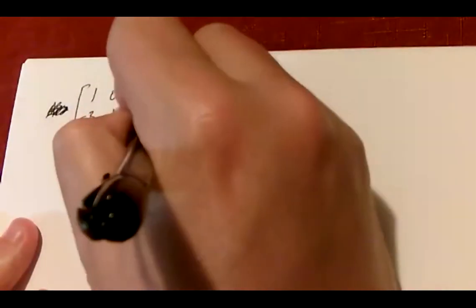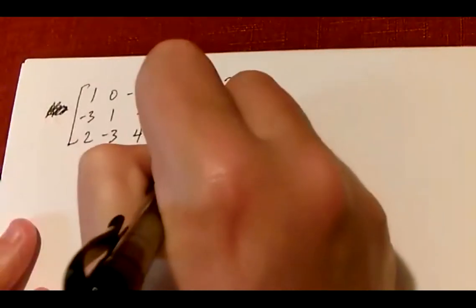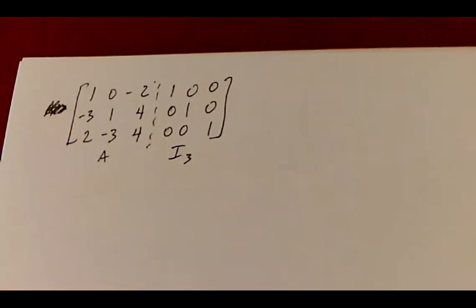Okay, and we said to find A inverse, let me not say A equals here, because I want to go ahead and augment it. To find A inverse, I'm going to augment it with the identity matrix. Okay, so this is A on the left and I3 on the right. Okay, we're going to start row reducing this.